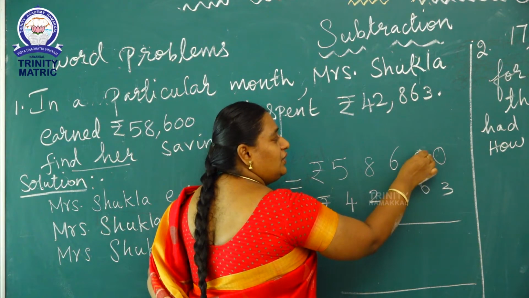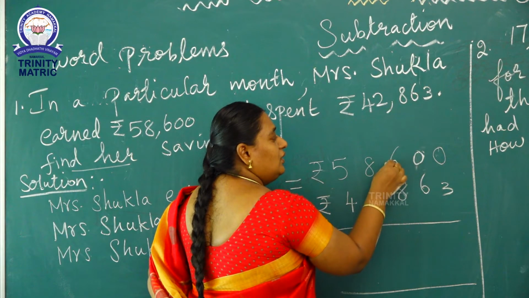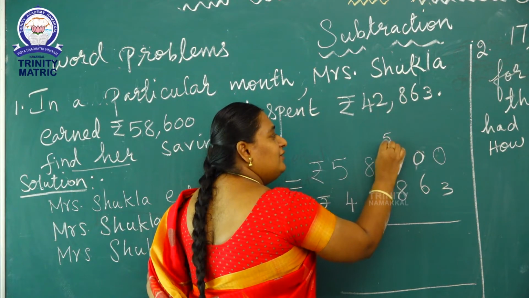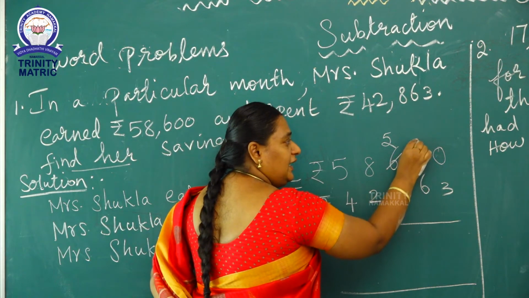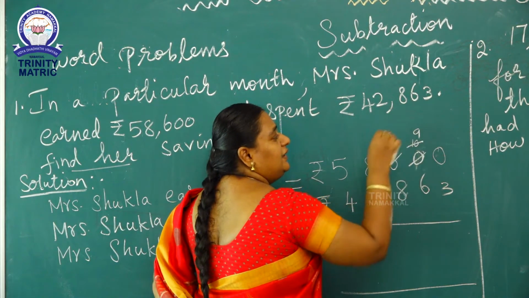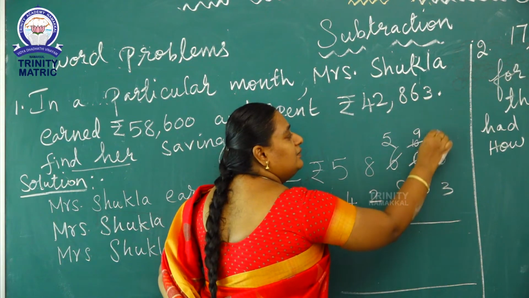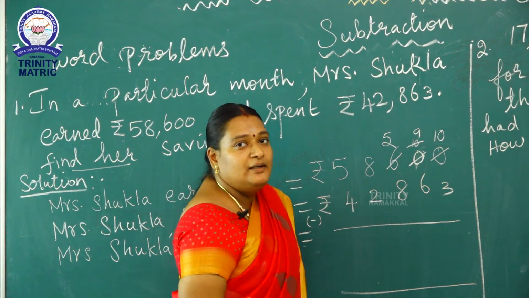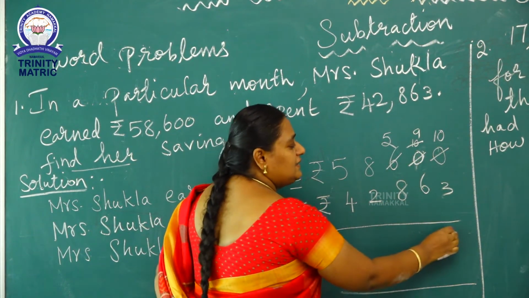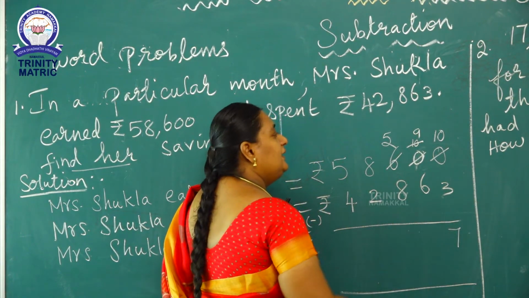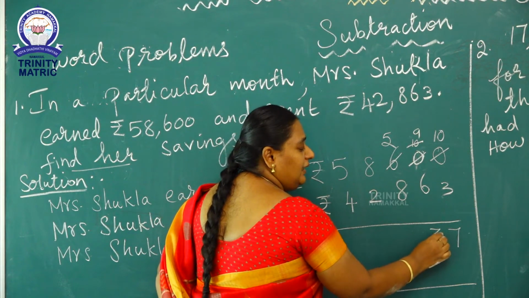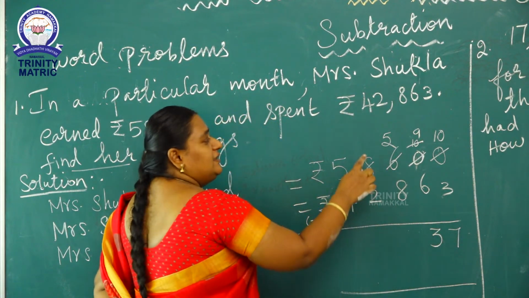Here also 0, we cannot borrow from here, so we borrow from the 100 place. This 6 will become 5 and this 0 will become 10. From this 10 we borrow 1, so this 10 will become 9, and this 0 will become 10. Now 10 minus 3 is 7, and 9 minus 6 is 3.